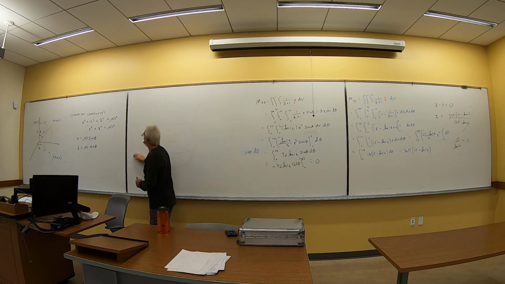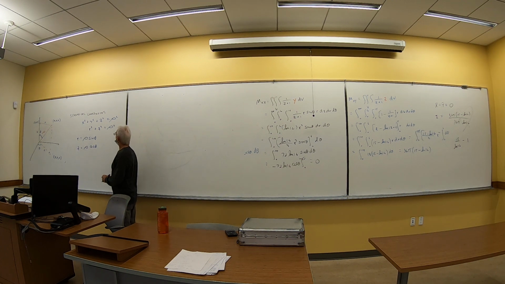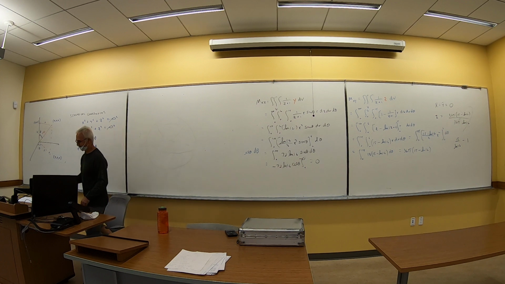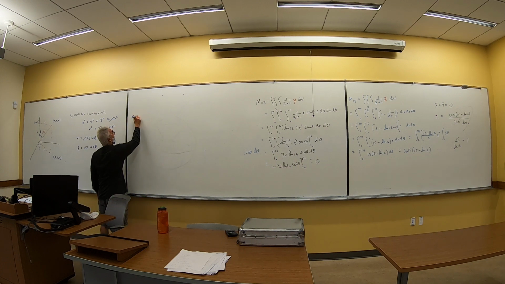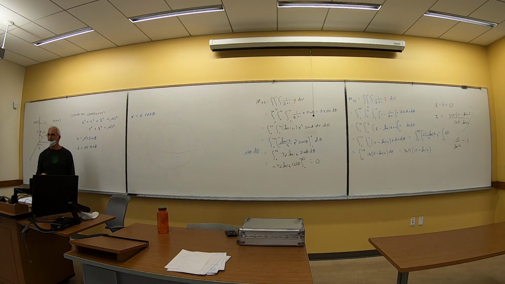Now, finally, if r equals rho sine phi and z equals rho cosine phi, how do I get the x part? I mean, how do I manipulate that? Okay. Well, in polar, isn't this what x is? That's not in question.